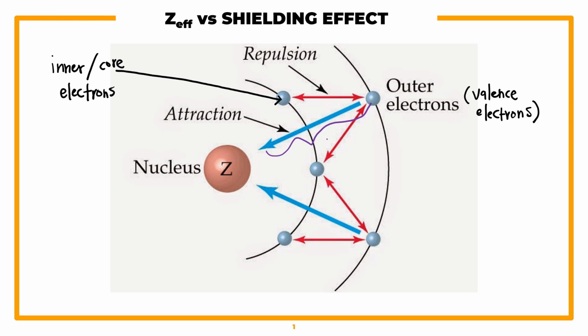Daya tarikan di antara valence electron dan nucleus kita panggil sebagai effective nuclear charge, Zeff. Meanwhile, the repulsion forces between the core electron and the valence electron here yang kita panggil sebagai shielding effect.